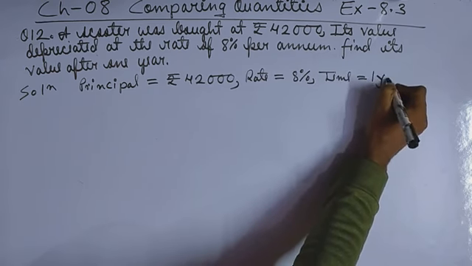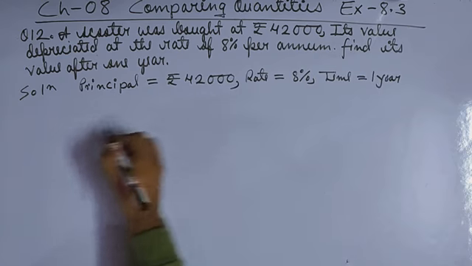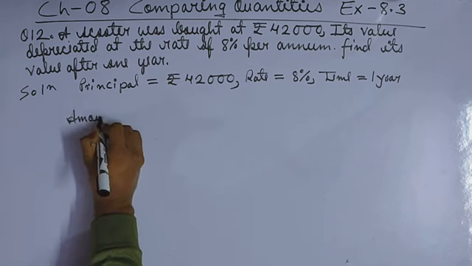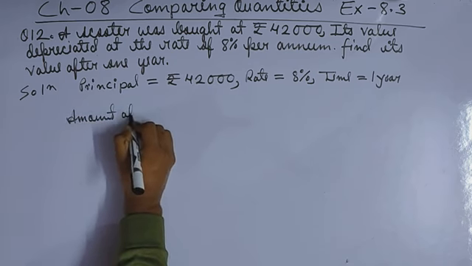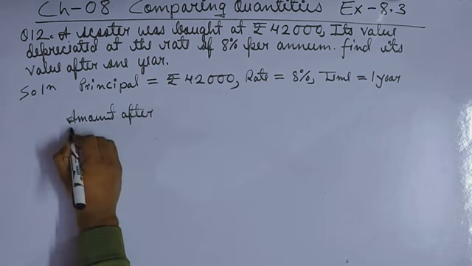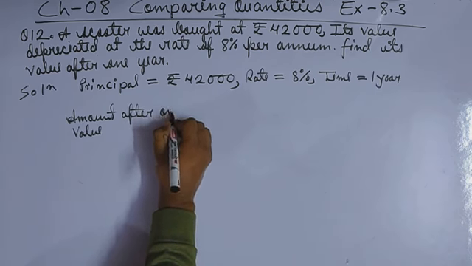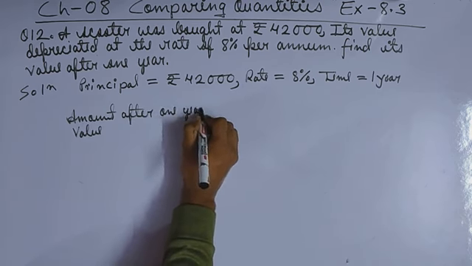So this will be 1 year. So the amount, or we can say the value after 1 year, that will be equals to what?